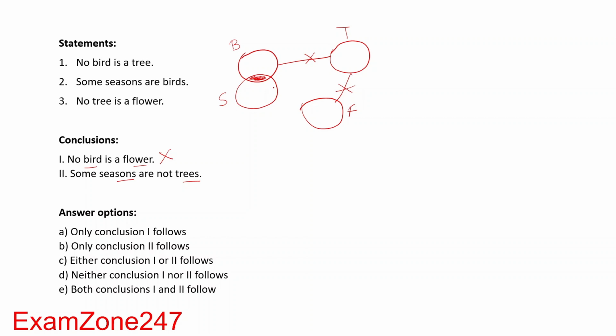Are you getting it? Birds are definitely not trees. And there are some seasons which are birds here. So he is telling there are some seasons which are not trees. Then you can see, yes, there are some seasons which are not trees. You can definitely say this is right from the diagram only. There is no maybe or cannot say. You can say from the diagram that yes, this statement holds true. So this can be concluded with certainty. That is why this follows. So the answer is only conclusion 2 follows.